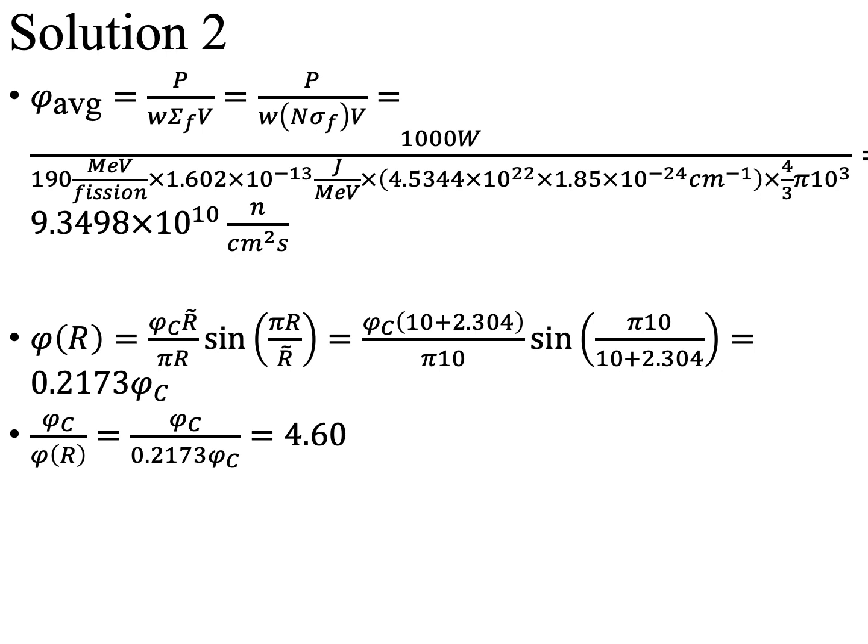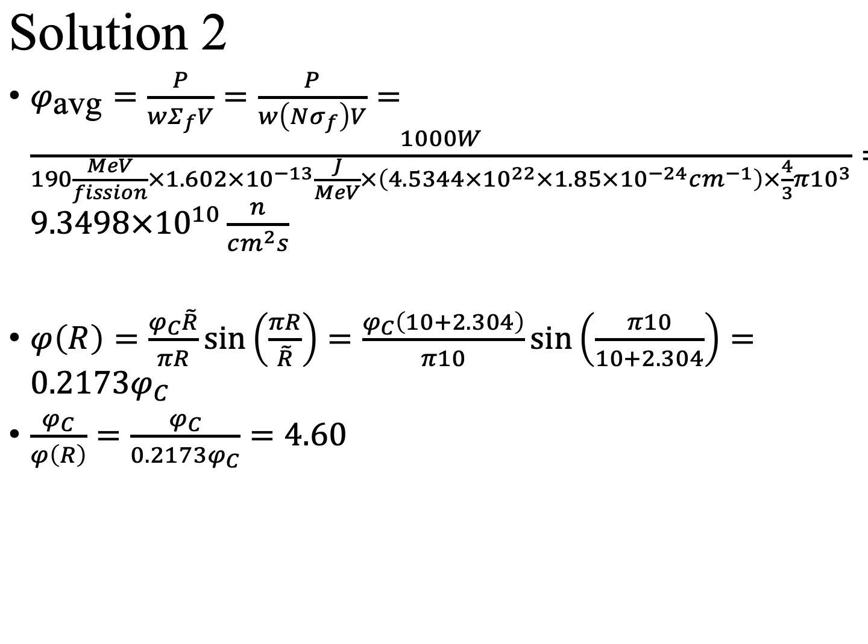In this equation, phi average is the average neutron flux we want to calculate. P is the thermal power. W is the heat release coefficient, or energy release coefficient.